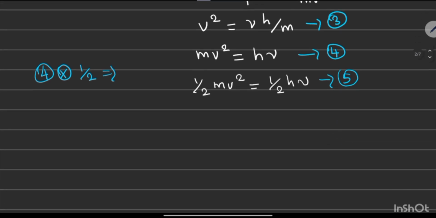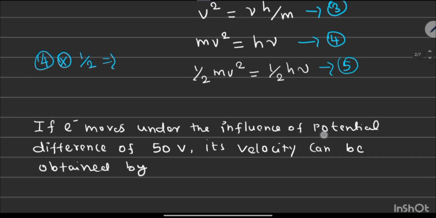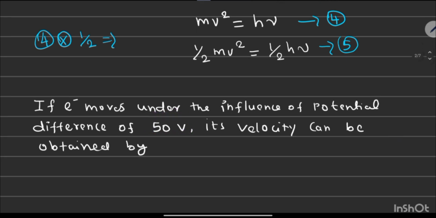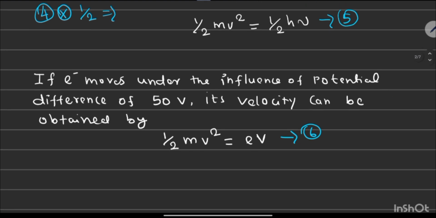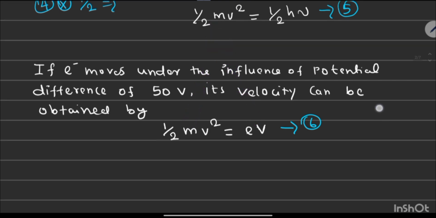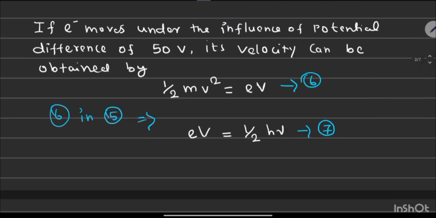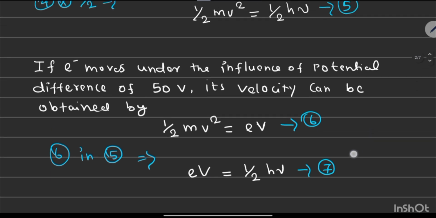Now since the electron is moving under a potential difference of 50 volt, its classical non-relativistic energy, half mv squared, will be equal to e, the electronic charge, times the potential difference V. So half mv squared is equal to eV, and substituting here, one can write eV as half h nu.